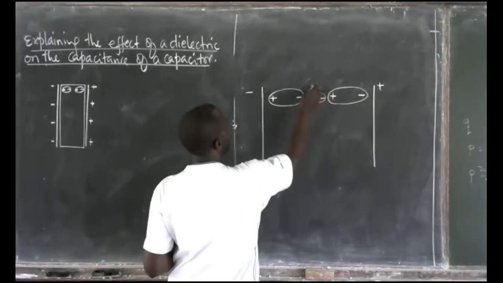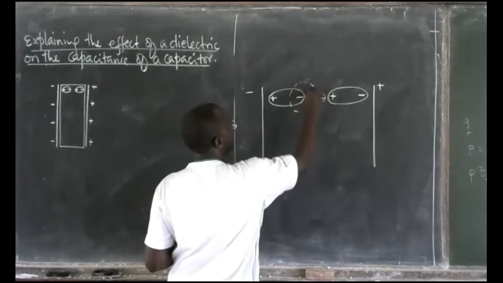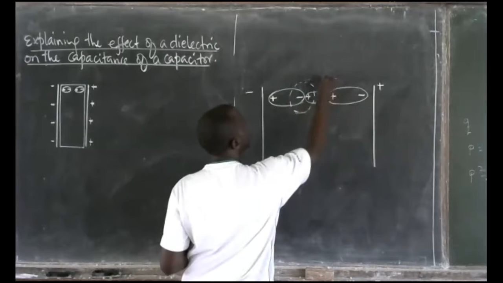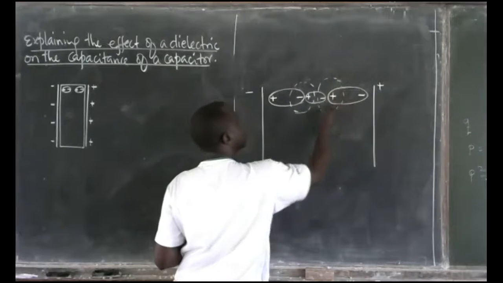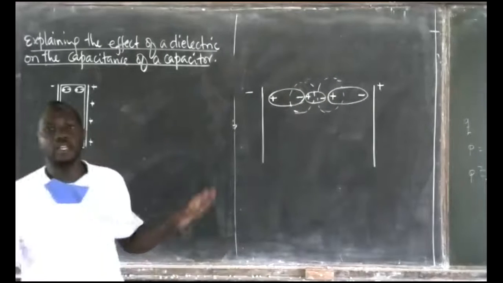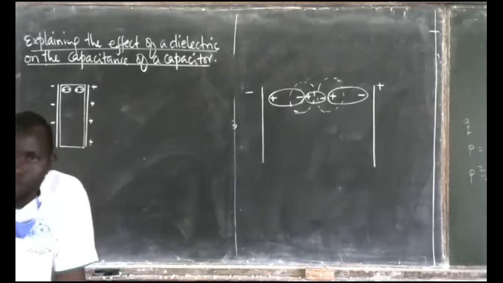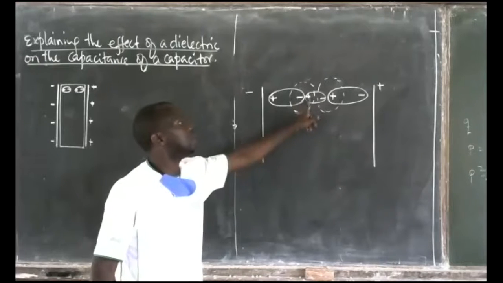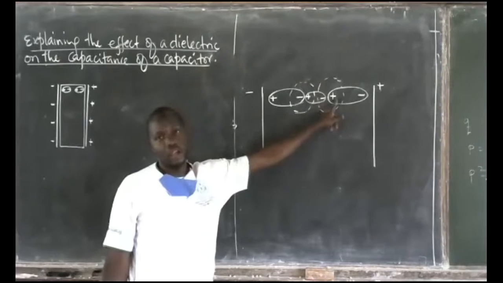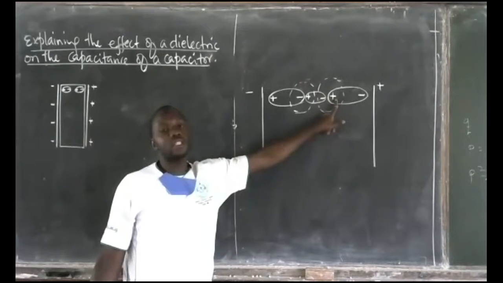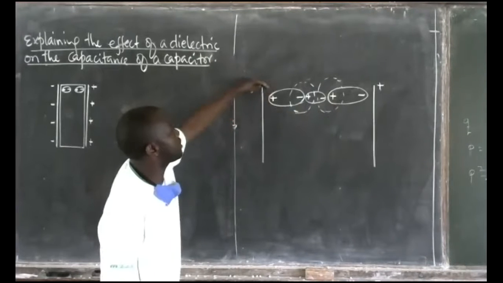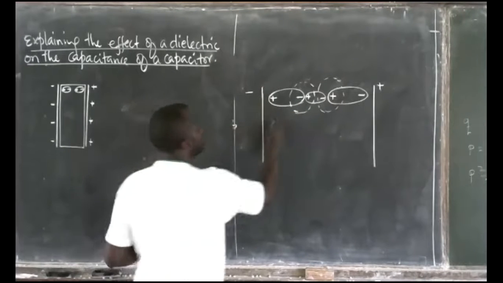So by mere neighboring at this point, and this one also neighboring here, the effect in the middle tends to cancel out, because a negative is neighboring a positive, a negative neighboring a positive. The end result is like we have positives only aligning around here.